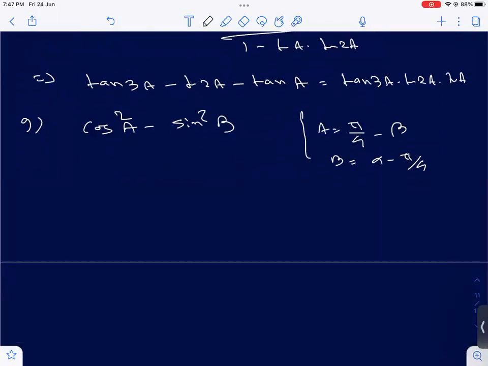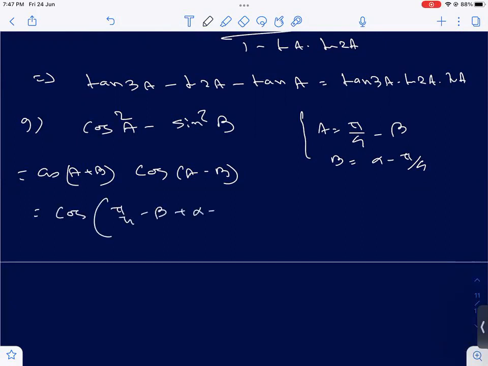So this is cos(a + b) into cos(a − b), which is cos(pi/4 − beta + alpha − pi/4) into cos(pi/4 − beta − alpha + pi/4).